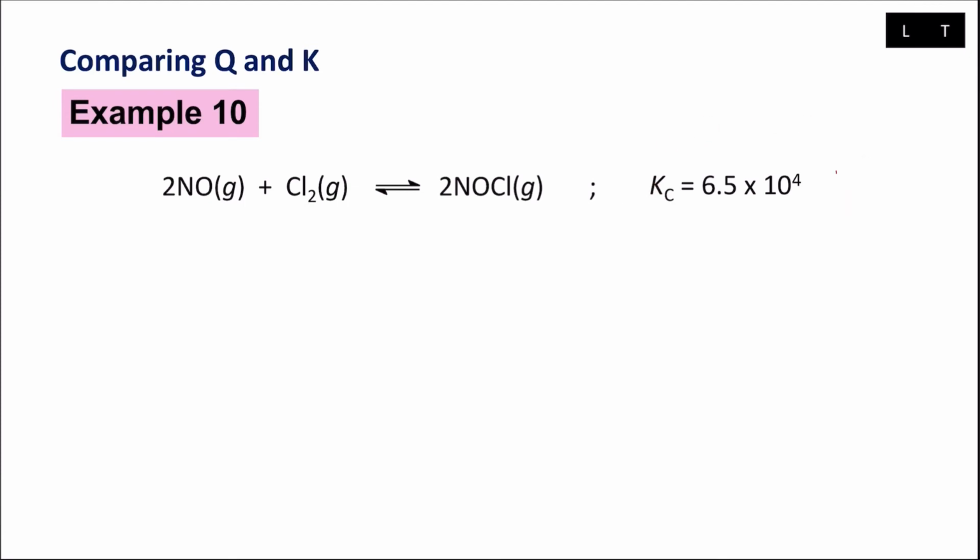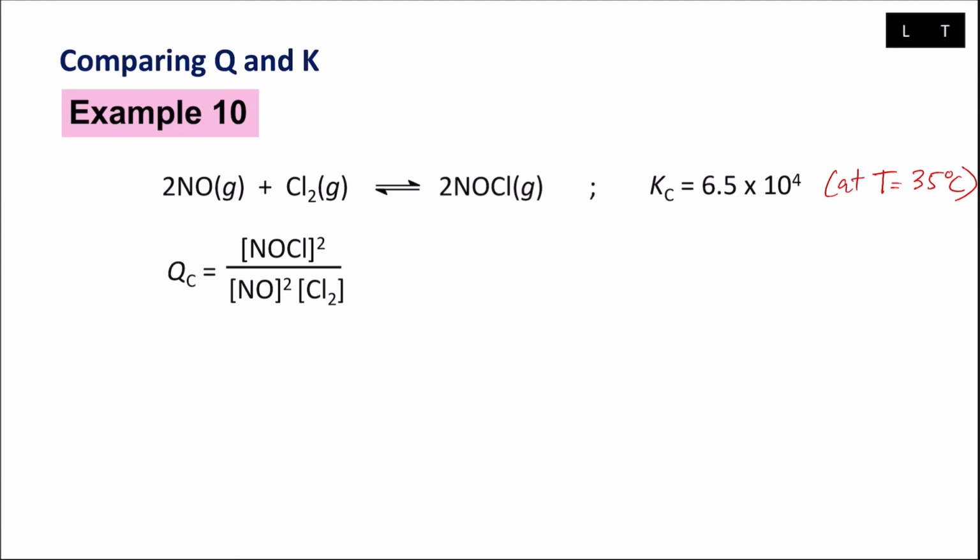So this is at temperature 35 degree Celsius. Seterusnya, awak kena tulis expression for Qc. So for Qc, this is just the same as Kc. Cuma untuk Qc dia boleh pick mana-mana concentration apart from the concentration at equilibrium.